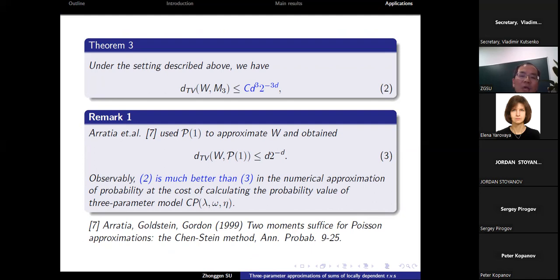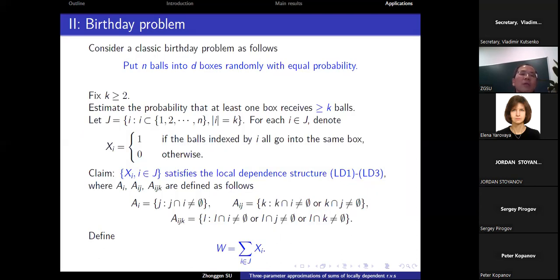So our result in this case is much better than their result, but we have to compute a 3 parameter distribution. Okay. Next is the birthday problem. That is a classic problem.